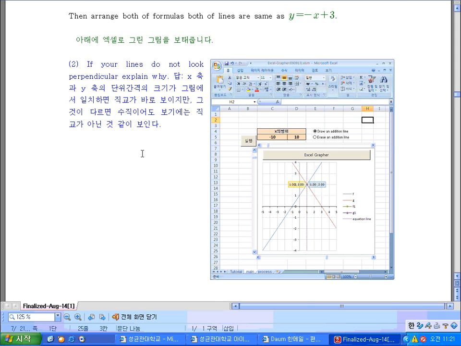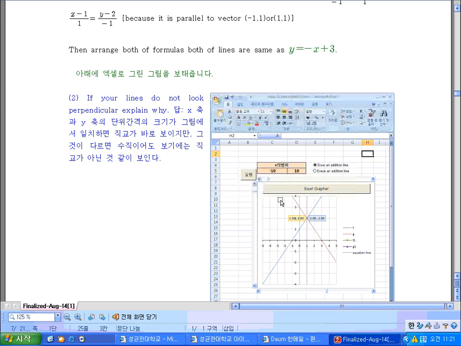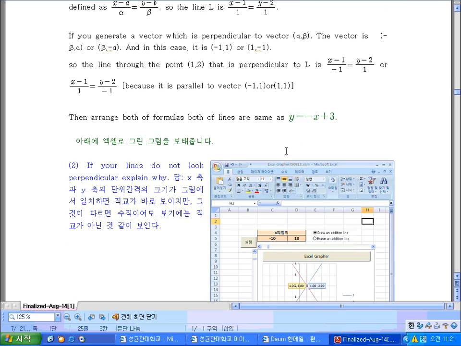Here we draw the graph of one line and another line which is perpendicular to the given one.